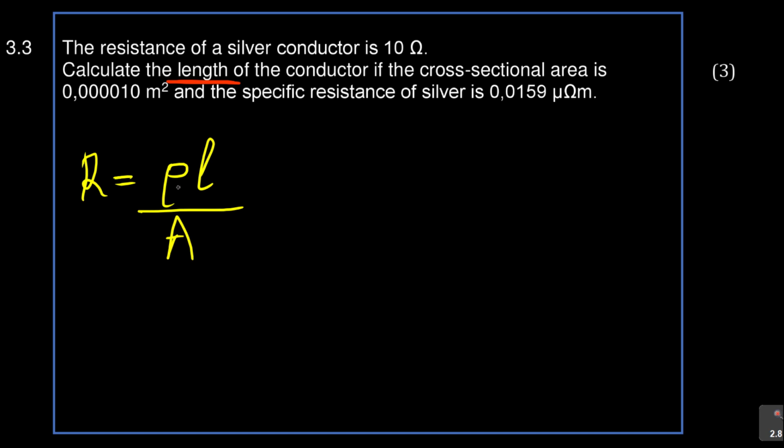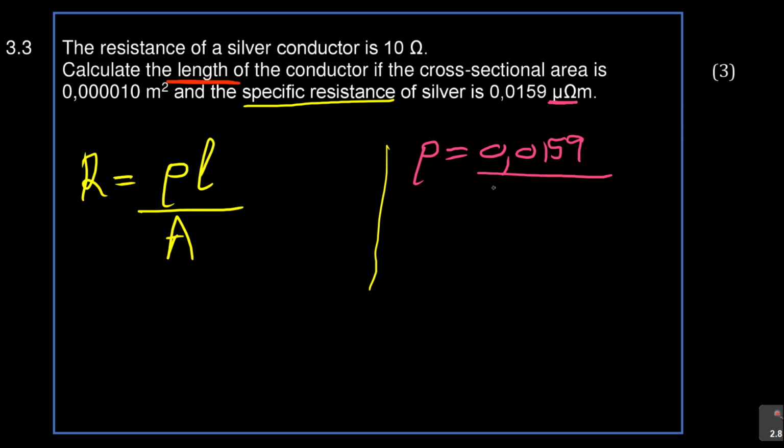Now you know rho is the specific resistance. So if we write that part, specific resistance rho is 0,0159. Now look at this though, they say micro ohm. When they say micro, I say divide by what? By a million. 1, 2, 3, 4, 5, 6. Then it will be ohm meter.